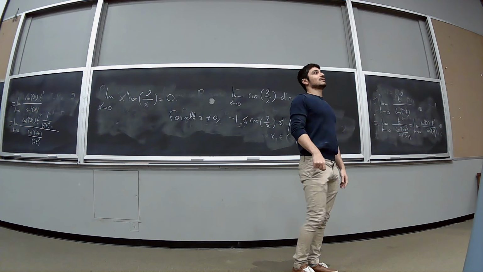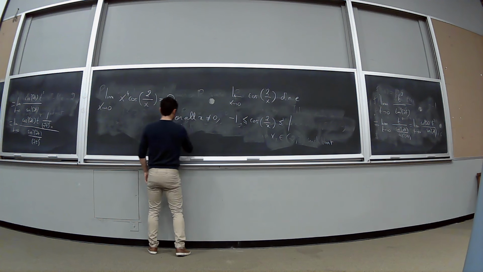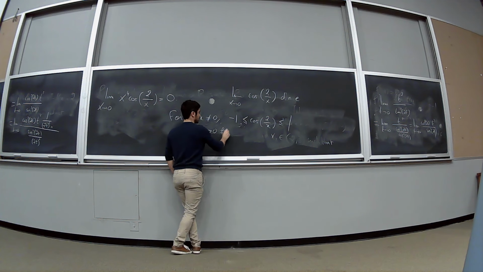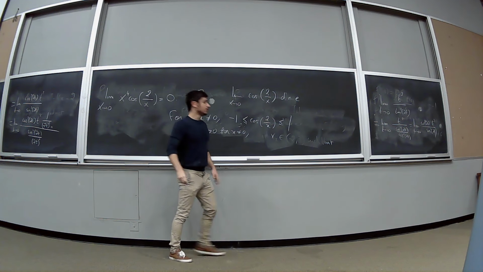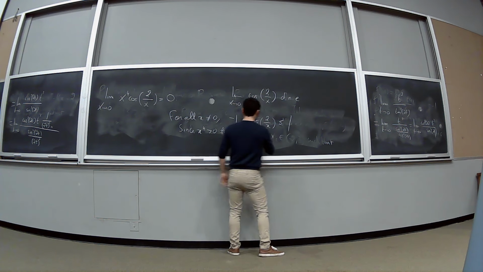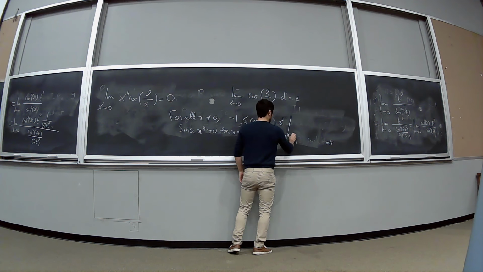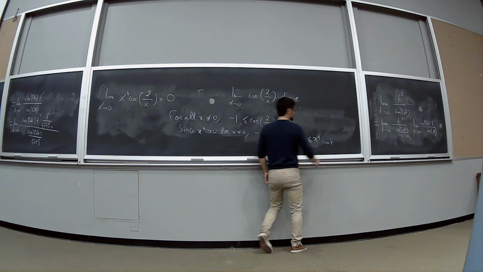Because x to the 4 is always positive. Exactly. That's it. So since x to the 4 is strictly positive for x different than 0, you can multiply every term of the inequality by x to the 4 without switching the order.